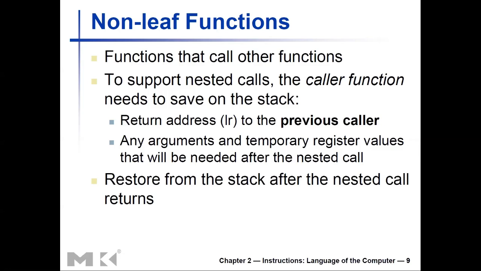And the first function, when it needs to return to the original location in the main code that it was called from, has to restore the link register from the stack. It has to load the saved value back into the LR, and then it can return by using this MOV PC, LR instruction. Was that idea clear?